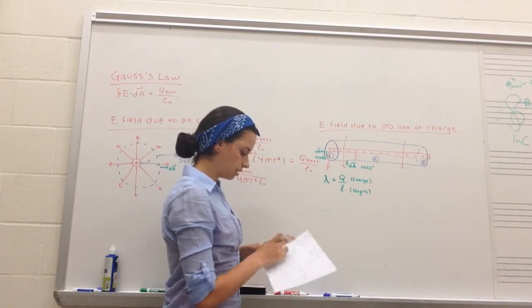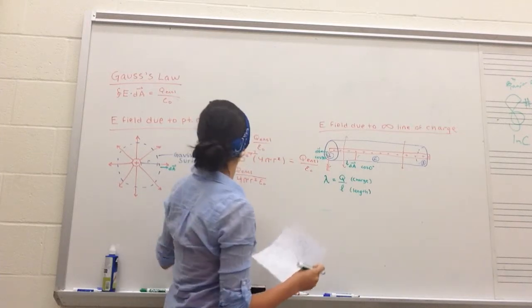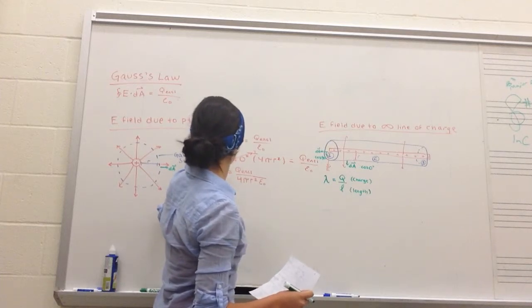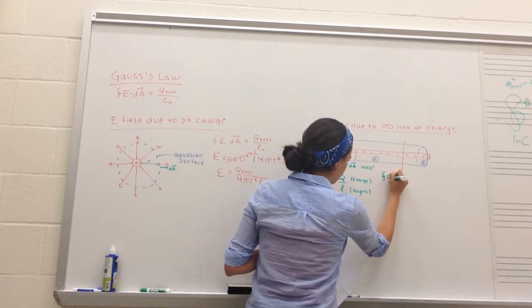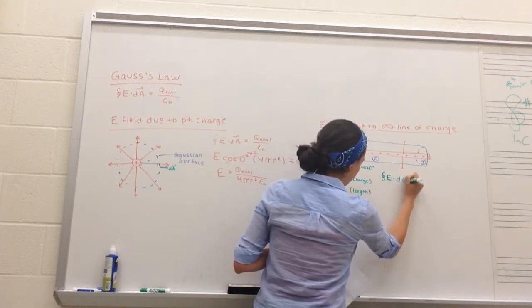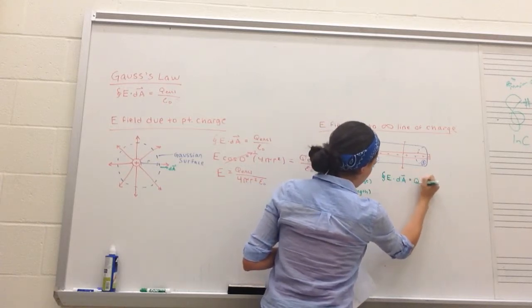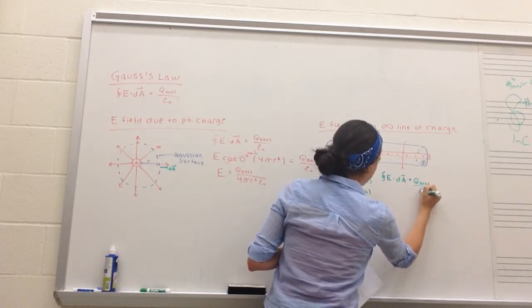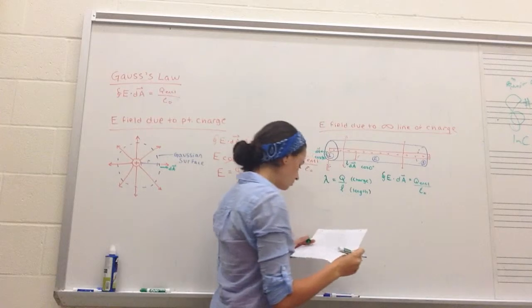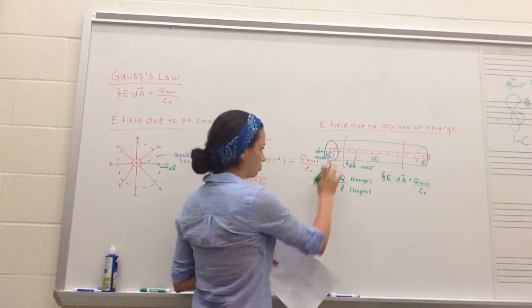So now we can write our Gauss's law. We know what we're doing. And now we have three surfaces.